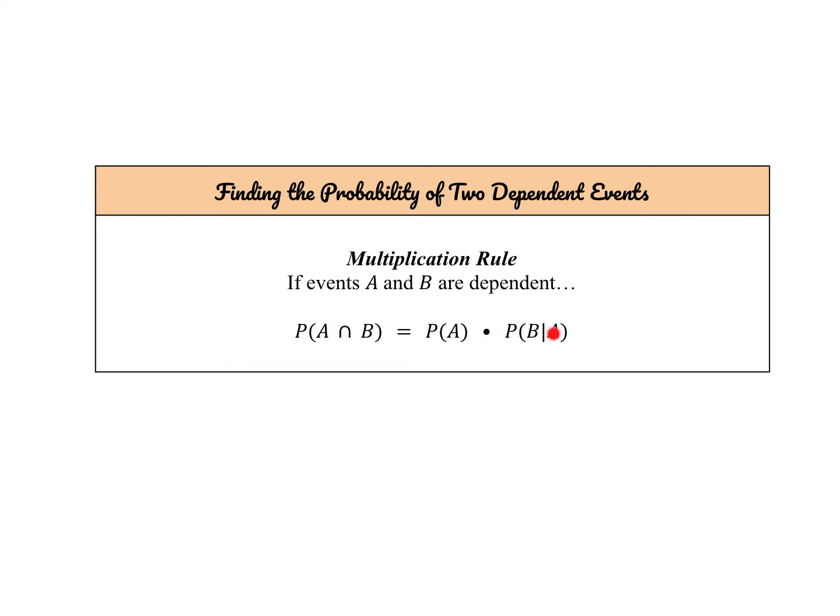So we're still multiplying two probabilities, but because they are dependent on each other, it's the probability of A times the probability of B given that A has occurred. And it makes sense: if one event affects another, then that event should be a condition of the other one happening.